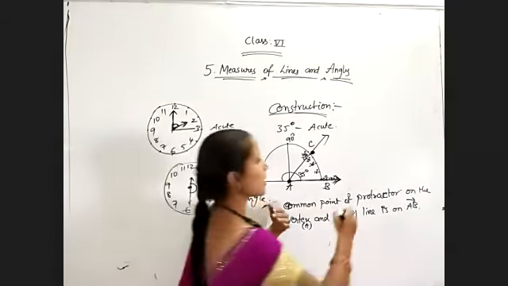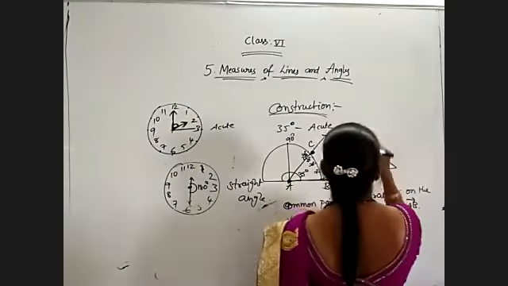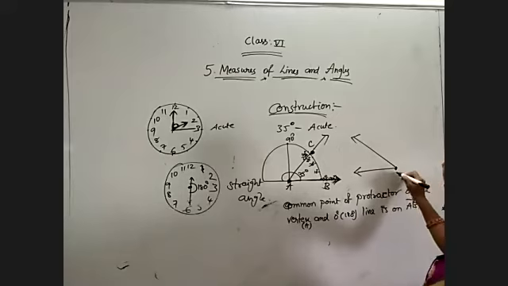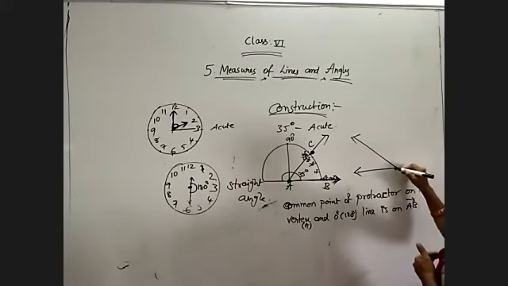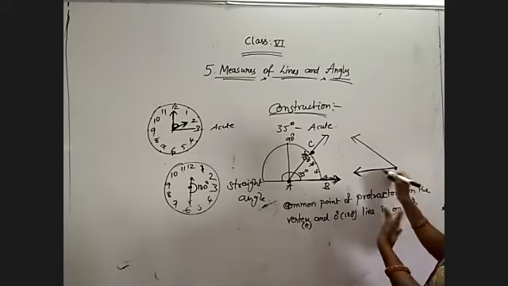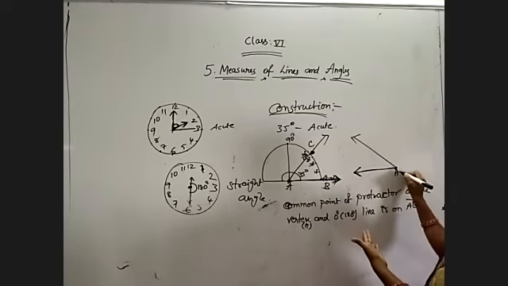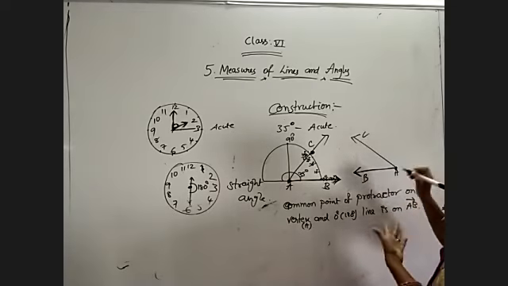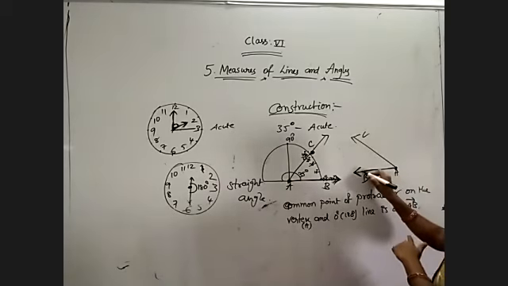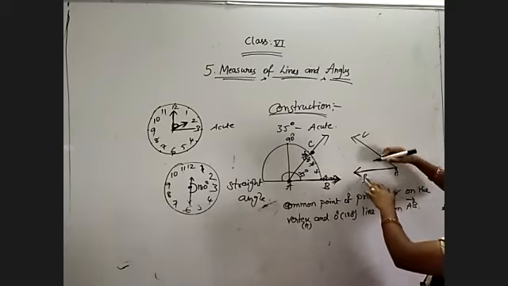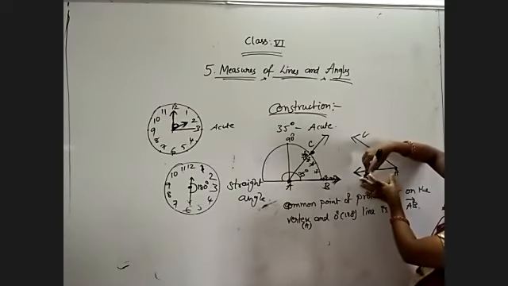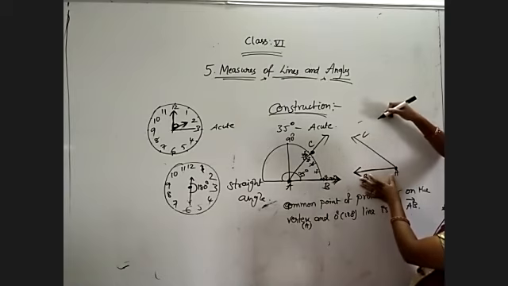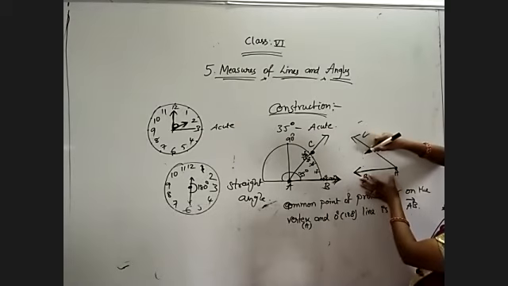While you are constructing in the clockwise direction, what you have to do is set the common point of the protractor at the vertex and the 0 or 180 degrees line on the base ray, which I am taking as AB here. So on AB we must set the protractor properly. Now because this AB is spreading to the left side, we need to take upper values: 0, 10, 30, 35.